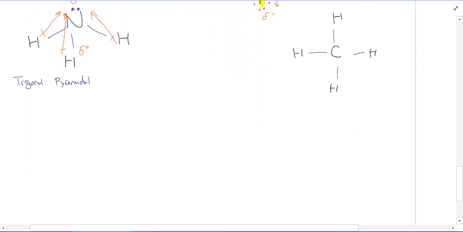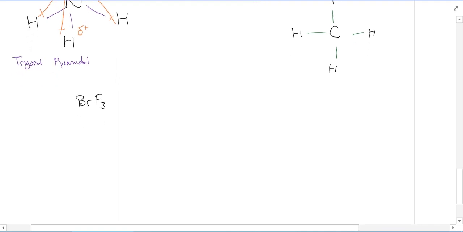BrF3 and water. So BrF3, the electron count, 28 electrons. Br is in the middle. F, F, F. 2, 4, 6, 8, 10, 12, 14, 16, 18, 20, 22, 24, 26, 28. 2 lone pairs.